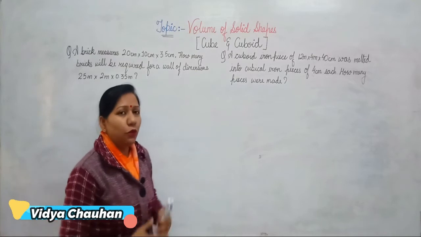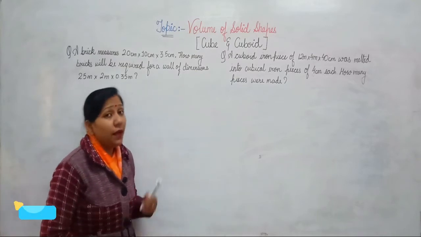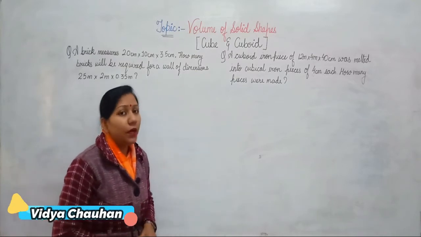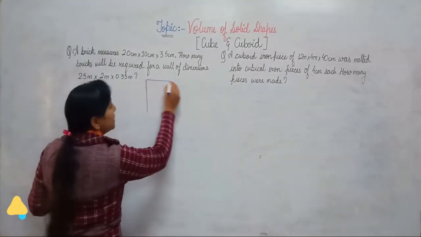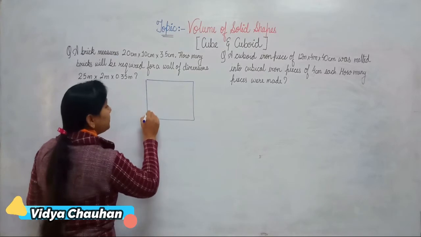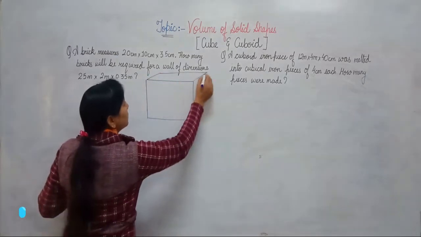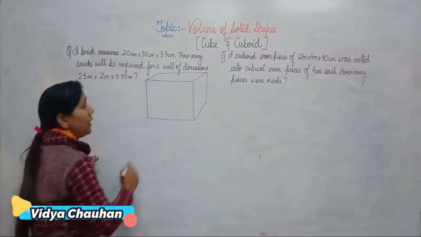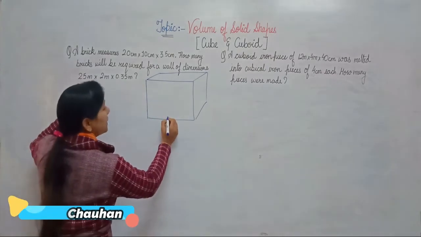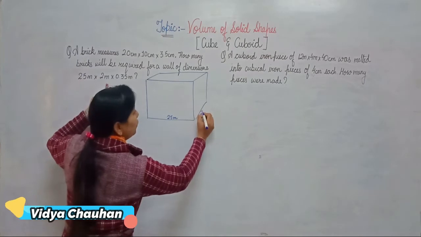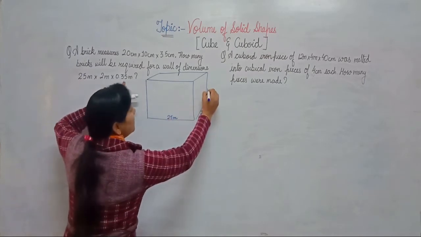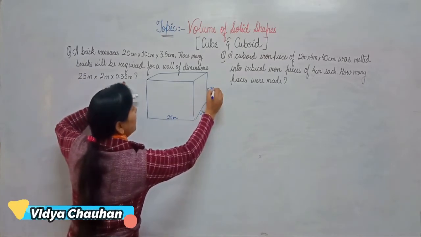As you all know, the wall is also in the shape of a cuboid and the brick is also a shape of a cuboid. So if I talk about its figure, let's suppose this is our cuboidal wall. The dimensions of the wall are given in meters: 25 meter is the length, 2 meter the breadth and 0.35 the height.